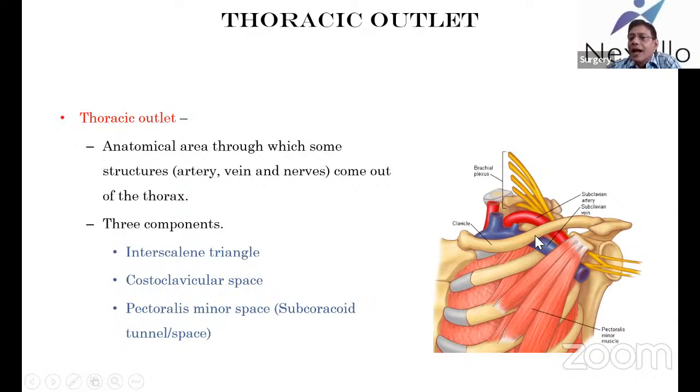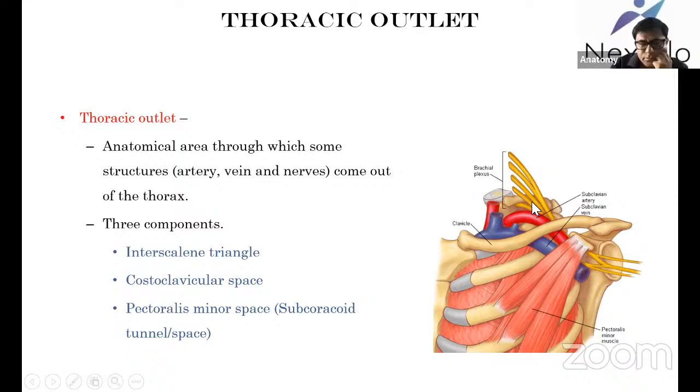Okay, and when these structures come out over here, and the vein which is passing from here inside into the thorax, ultimately they enter into the axilla below this pectoralis minor muscle, below the coracoid process, from where the pectoralis minor originates. This area is what is known as the pectoralis minor space, or the subcoracoid tunnel, or the subcoracoid space.